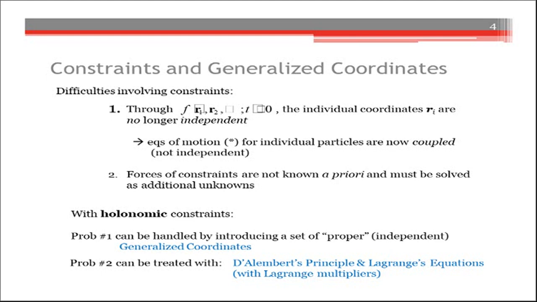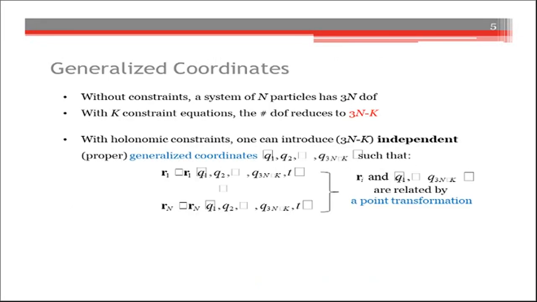The difficulty involved with constraints is that the equations of motion are not individual but coupled, and the constraint forces are unknown a priori. Most problems are solved with holonomic constraints. Before the next topic, D'Alembert's principle and the Lagrange equation with Lagrange multipliers, we derive the generalized coordinates. Without constraints, a system of n particles has 3n degrees of freedom.